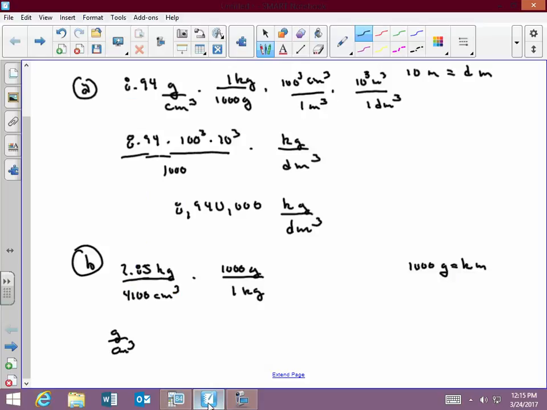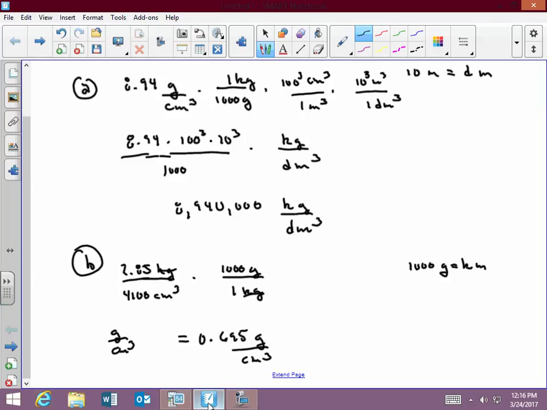See, Professor, we're doing something wrong, because if it's 2.85 kilograms, it should be more grams, not less. Something's not right. Grams per centimeters cubed. Yeah, we did 1,000. See, because we're multiplying this by 1,000, but we're dividing by 4,100, and so that's 41.